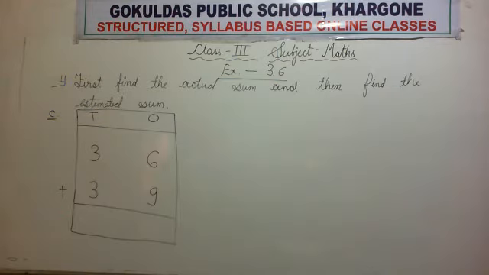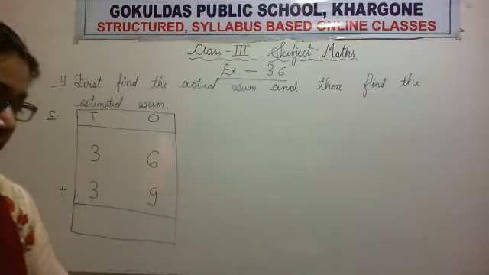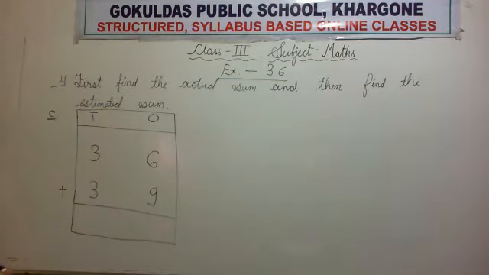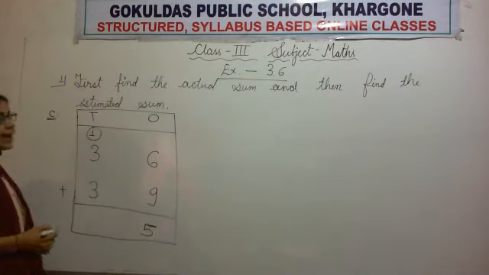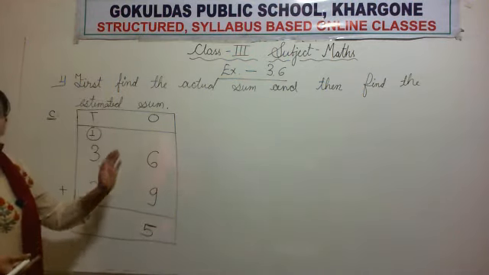Now count all the finger marks together. How many finger marks? 15. So we will write 15 like this, with 1 in the form of carry. Now we are done with the ones column.